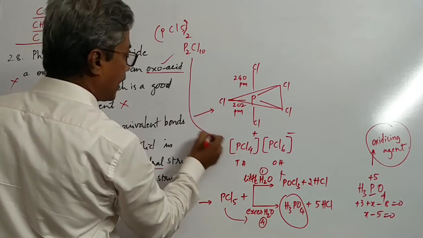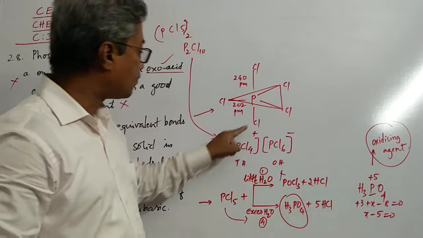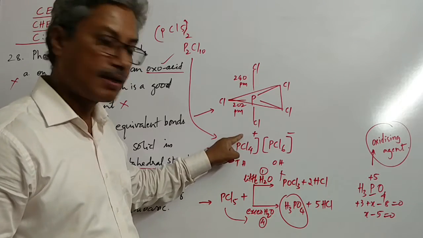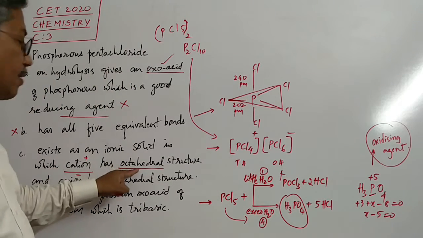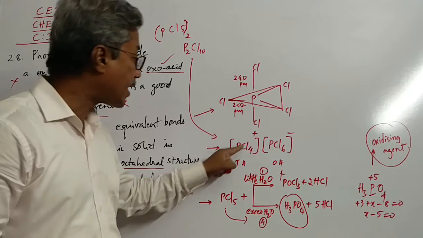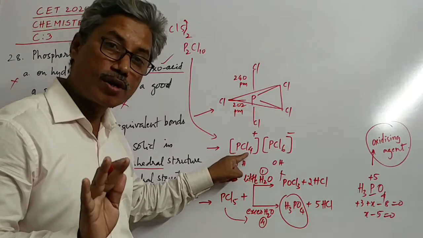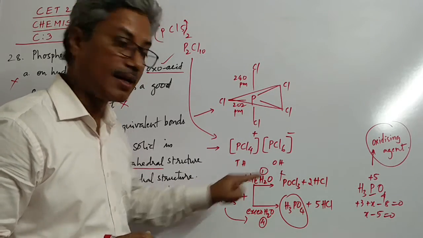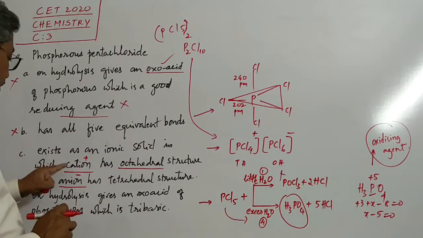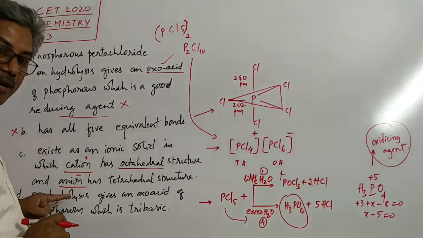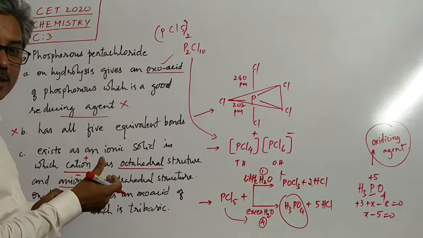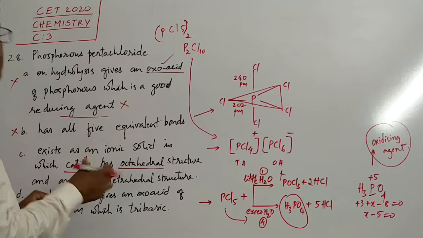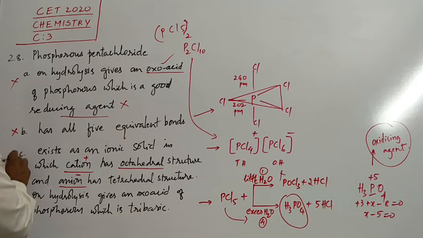This can be shown in this way: PCl4+, which is the cation, is tetrahedral. The option says cation is octahedral, but the cation has 4 bonds, so it is tetrahedral. The anion has 6 bonds, so it is octahedral. See, students, here the option says cation is octahedral and anion is tetrahedral. That means it is mismatched. Therefore, even this is wrong.